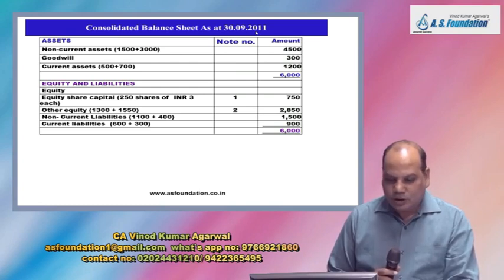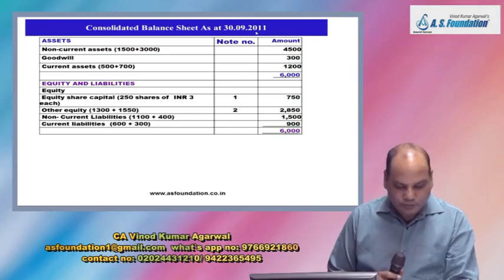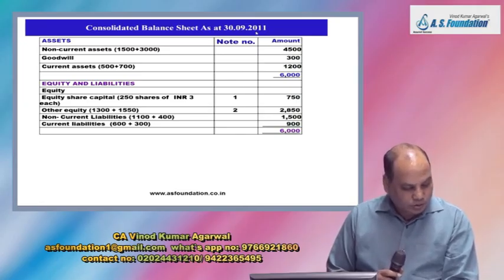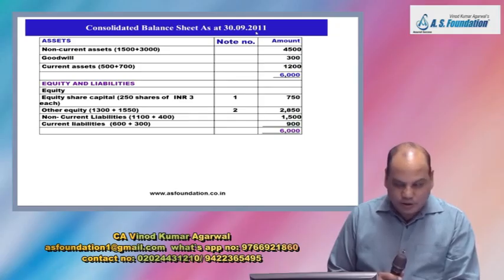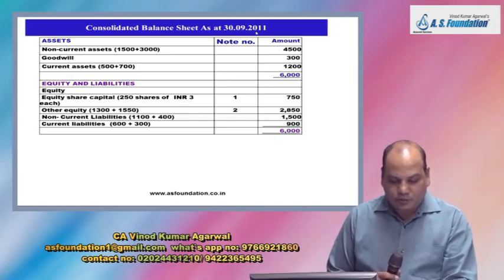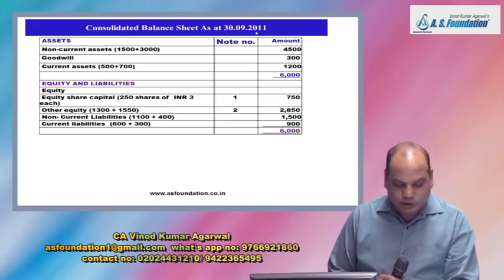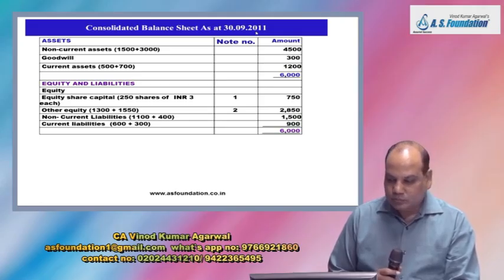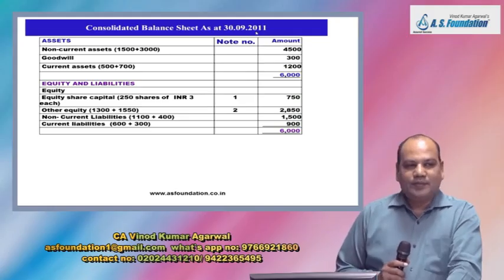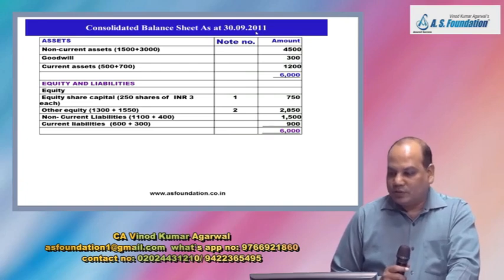So dear student, write down non-current asset. Keep the question in front of you. Non-current asset of entity A I will take at fair value 1500, and entity B I will take at book value 3000. So total comes to 4500. Yes or no? 4500.